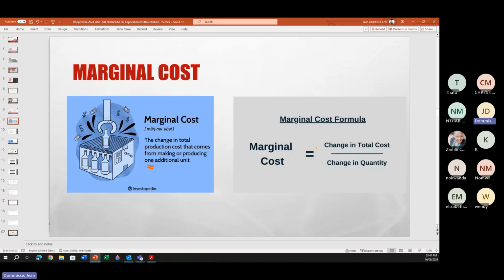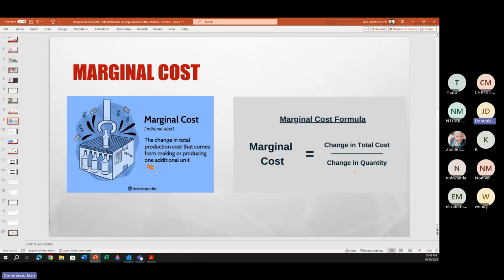How we normally look at it is that marginal cost is the change in total cost over the change in quantity. And you nearly always want that change in quantity to be just one extra unit.